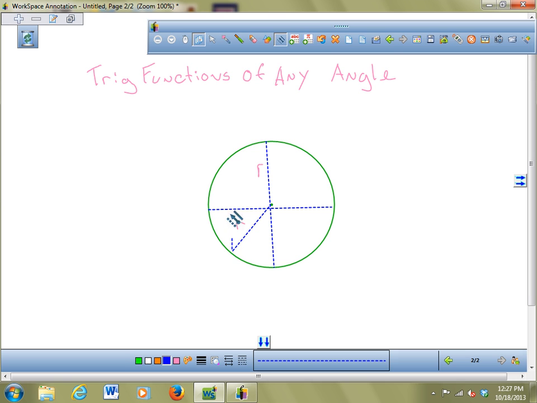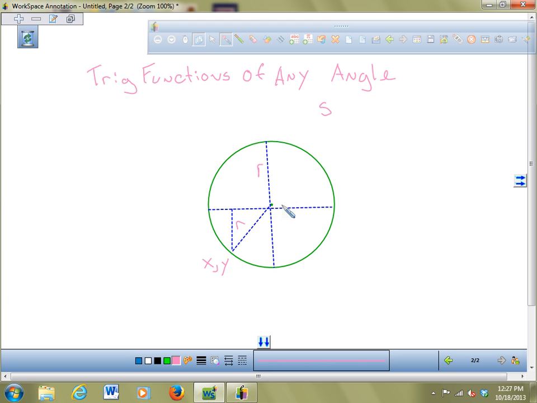But say I have this point over here, and I have some point on my circle, which I'm going to call x, comma, y, right? For any angle, because before we only had when this has a radius of 1, but this could be any radius, and this angle could be anything.